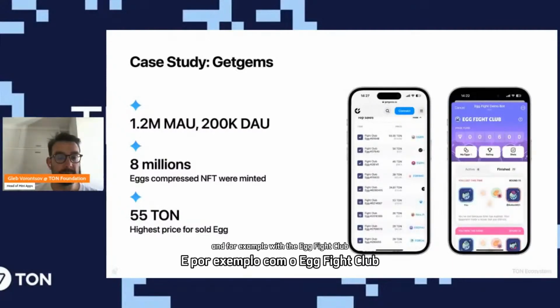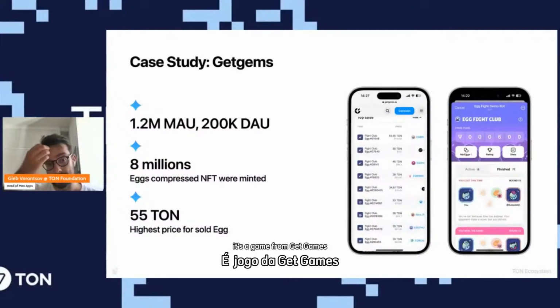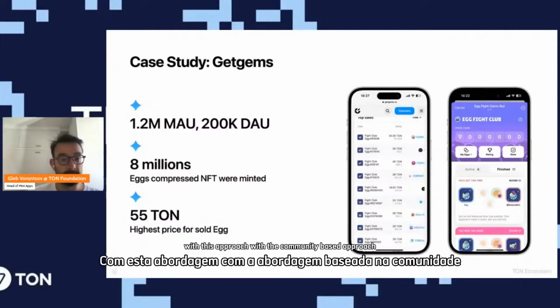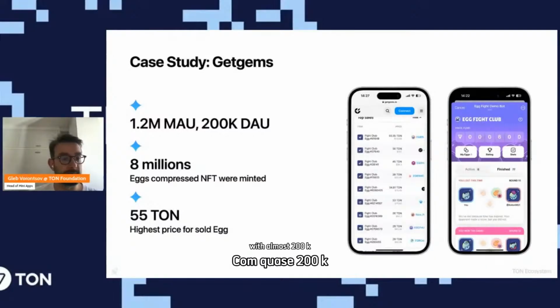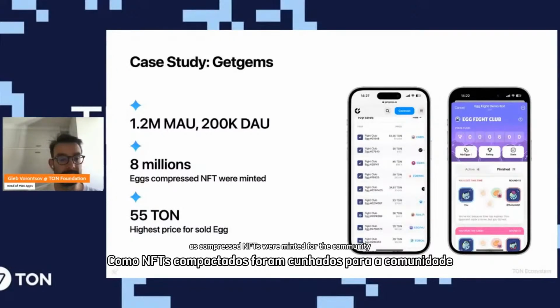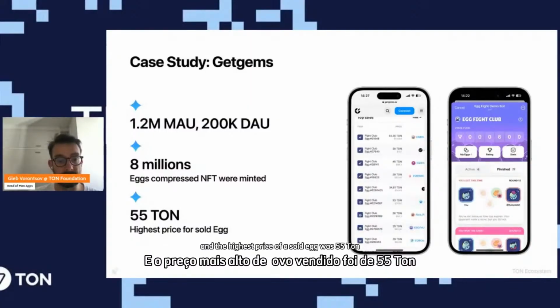And for example, with Egg Fight Club, a game from Get Games, with this community-based approach, they received 1.2 million monthly active audience, with almost 200K daily active users. During this first season, 8 million X as compressed NFTs were minted for the community, and the highest price of a sold egg was 55 TON.